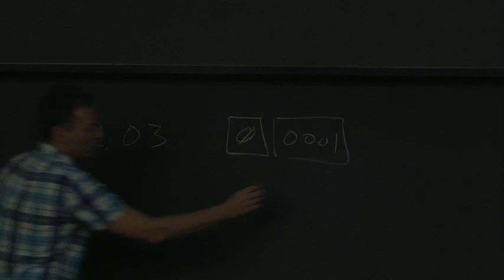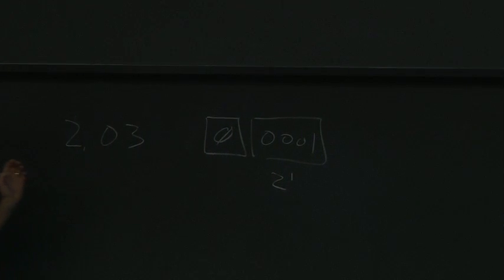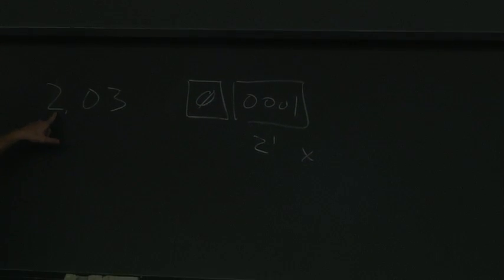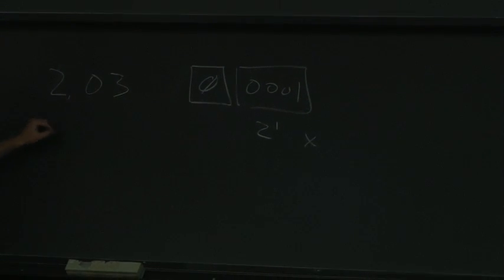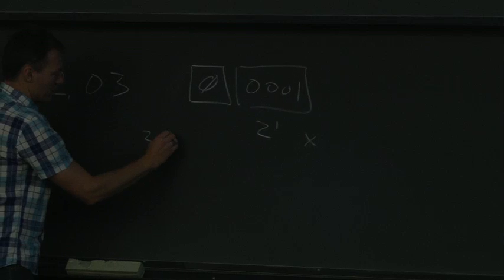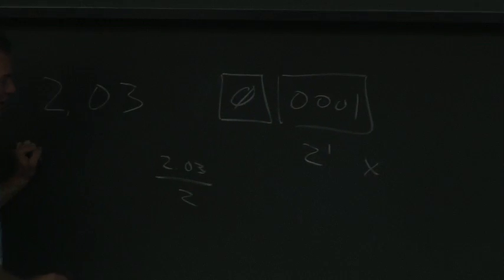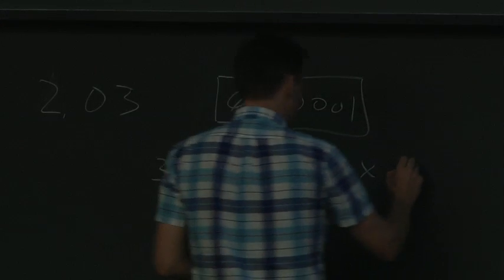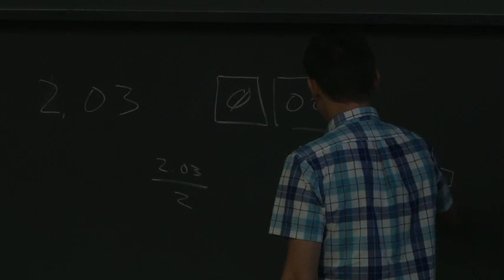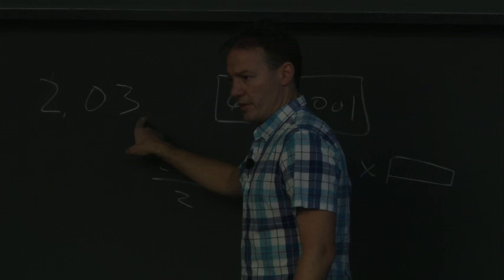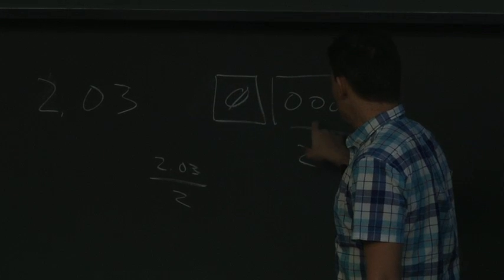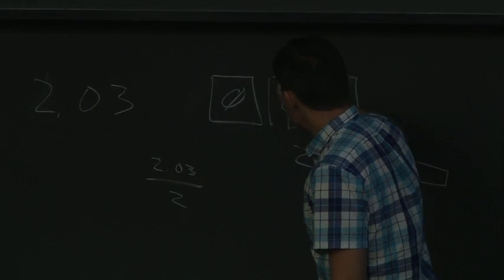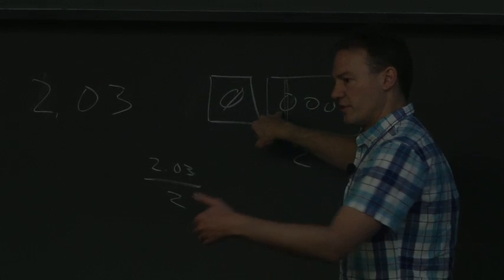So that's 2 to the 1 times, and then whatever, basically 2.03 over 2. Actually, I might be wrong about that. It might have to be a 2 here. But it's 2 to the first times some fractional value such that I get back to this, right? So this is just raised to the binary power. Actually, there's a sign bit in here too, so you can have smaller values.